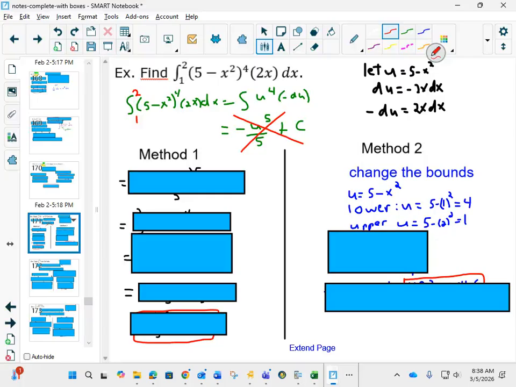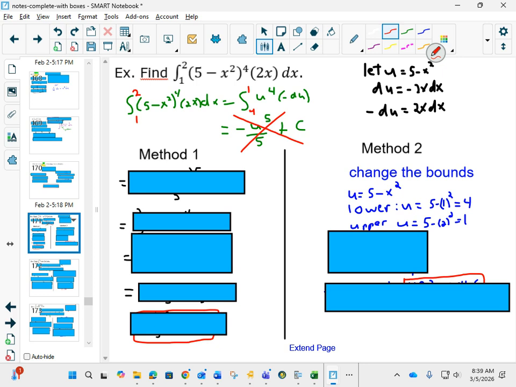Now, it's important that you label lower and upper, because normally when we do definite integrals, we have a smaller number on the bottom and a bigger number on the top. That's sort of what we're used to, right? But here, my lower bound changed to a 4 and my upper bound changed to a 1.